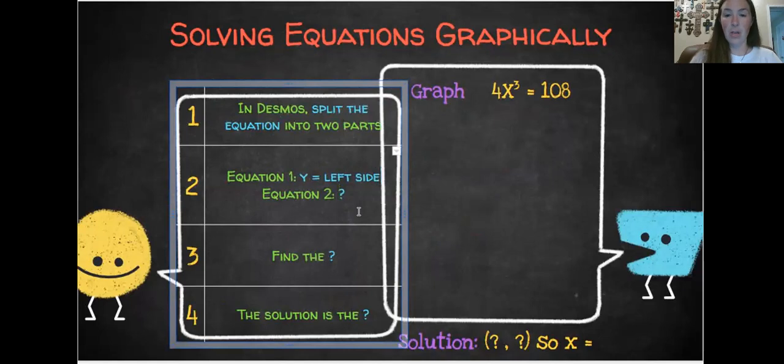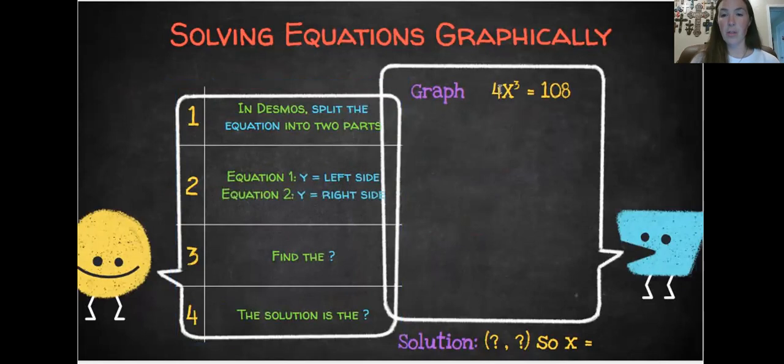And then over here, we're going to do the same thing, but y equals the right side. So in other words, for this one, we would put in y equals 4x cubed for one of the equations and y equals 108 for the other equation.